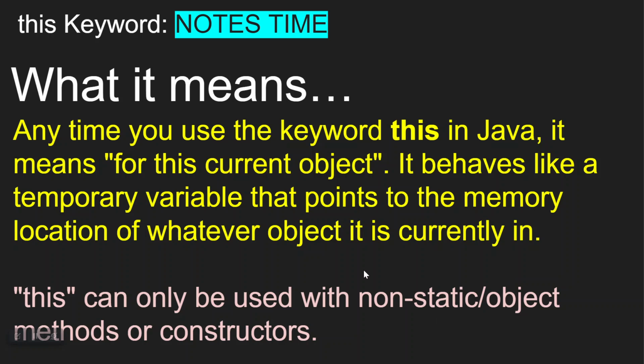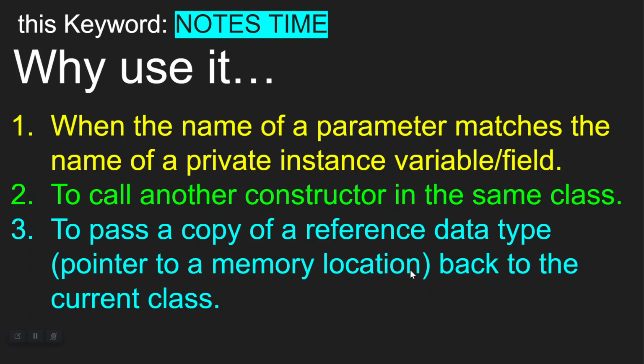That's one important thing to note: if it's a static method, remember that belongs to the class, and the this keyword is more associated with each individual object of a class. So this can only be used with non-static object methods or constructors. If it's a static method, then you can't use the keyword this.